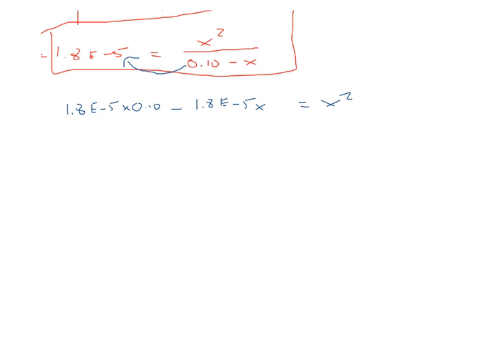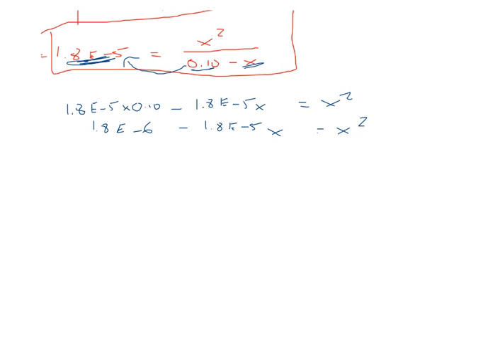You guys follow that? This number here has to times by the 0.10, and this number right here also has to times by the x. So 1.8 times 10 to the minus 5 times 0.10 actually makes this number 1.8 times 10 to the minus 6. This number is just 1.8 times 10 to the minus 5. That's how many x's you have.